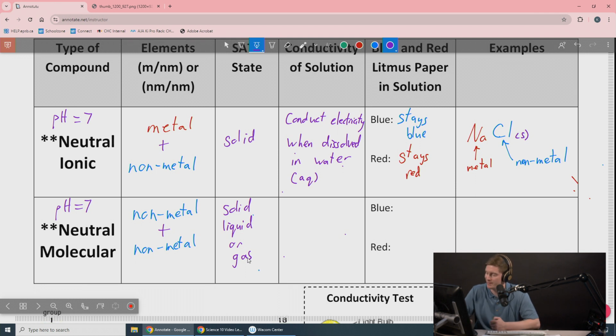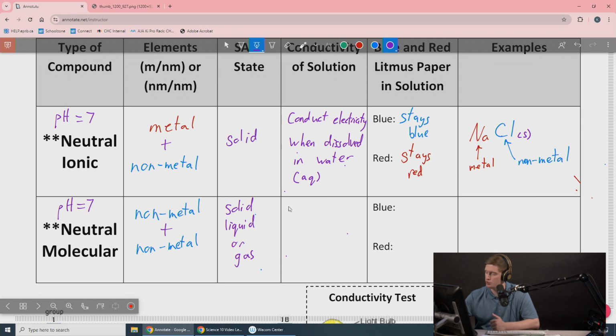It really depends on their size and what they're bonded to. The main defining feature compared to ionic compounds is that they do not conduct electricity when aqueous.